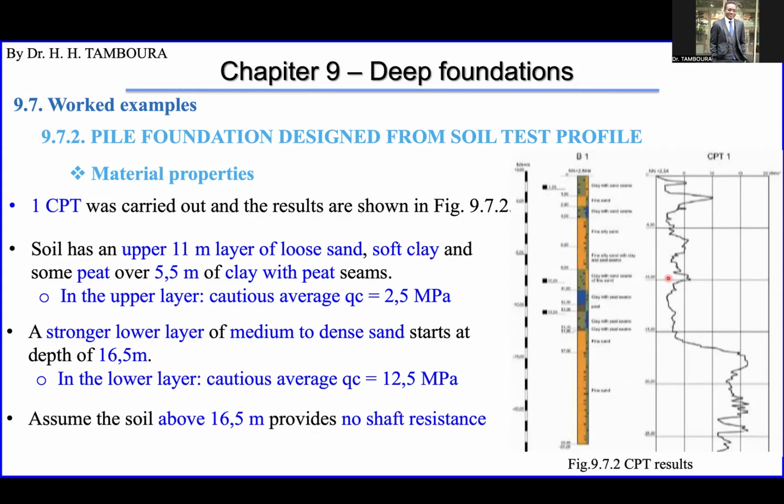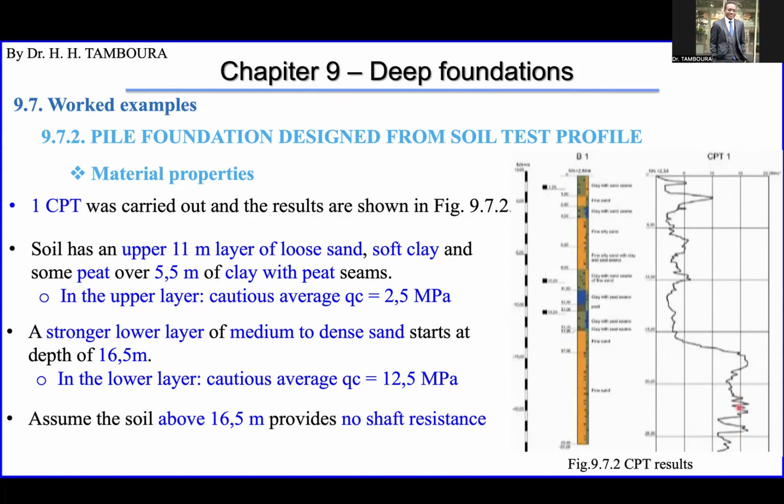If you are designing a pipe, you have shaft friction and base capacity. For this ground, we consider the friction in the upper part almost zero, so we neglect it. We will consider only the friction from this lower part of the ground.